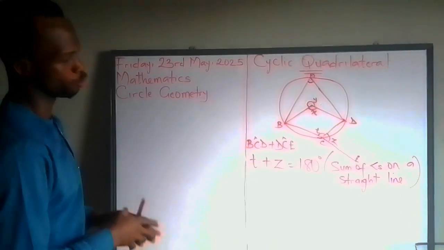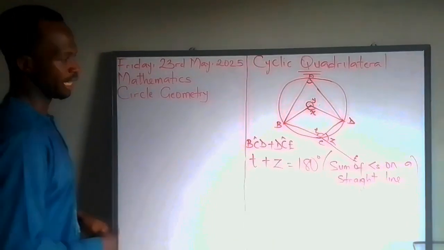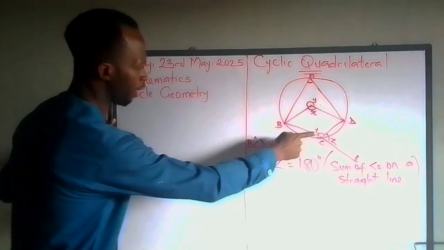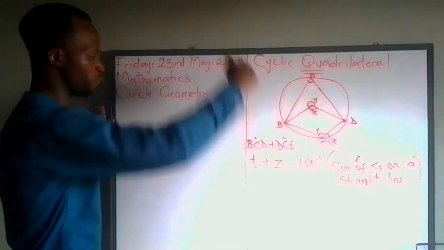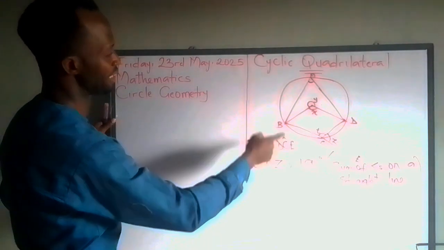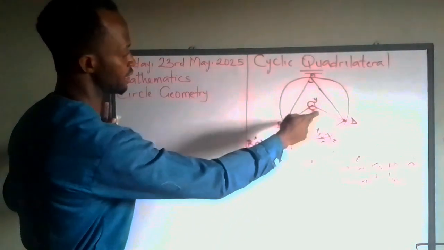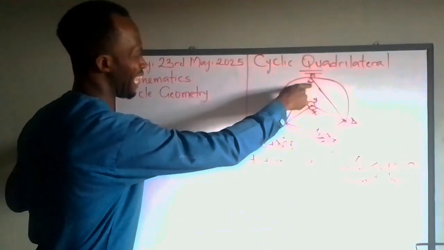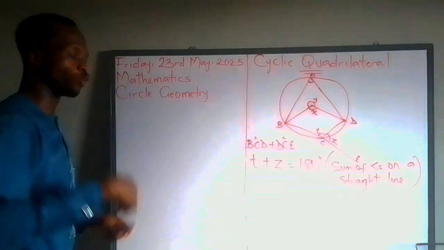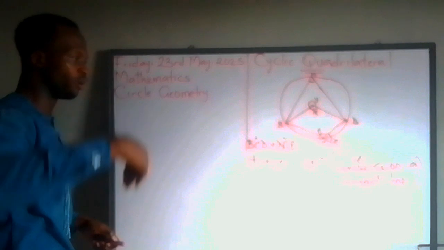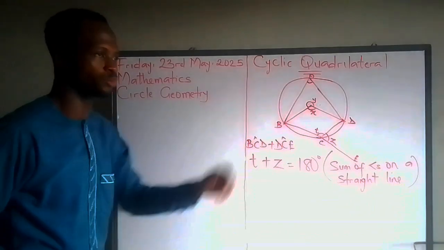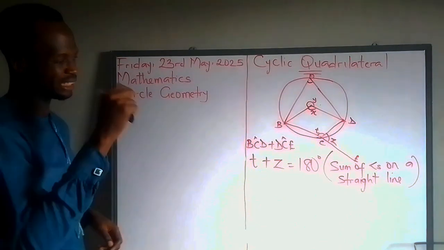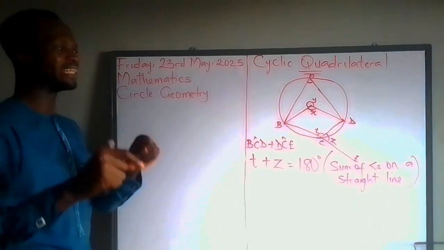Now there's another thing to take note of. The angle T, which is the angle BCD, and the angle at A, BAD, sum to 180 degrees. We've done that before: the opposite angles of a cyclic quadrilateral sum to 180 degrees.